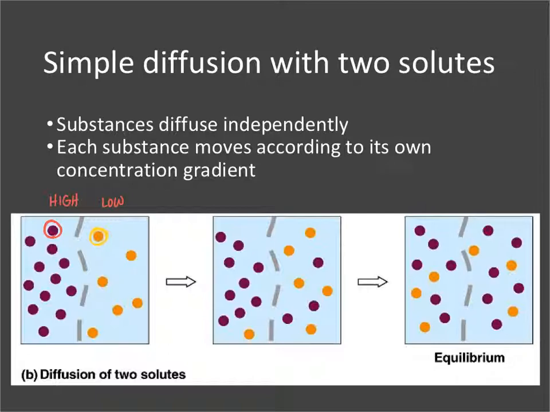But for the yellow molecule, the high concentration area is on the right, and the low concentration area is on the left. And so what we see happening over time is that the red substance is going to diffuse down or with its own concentration gradient. So it's going to go from the left to the right, whereas the yellow substance is going to diffuse down or with its own concentration gradient.